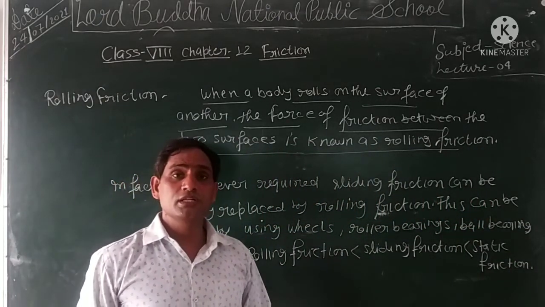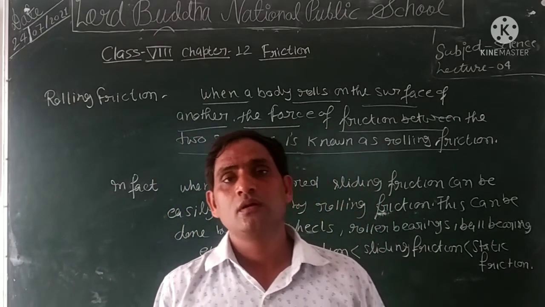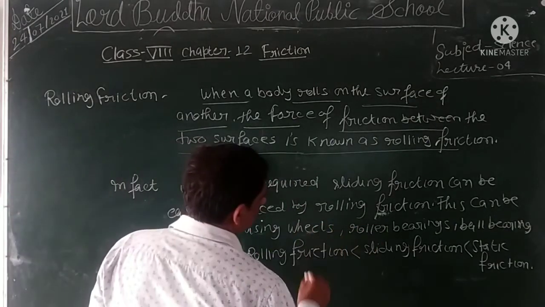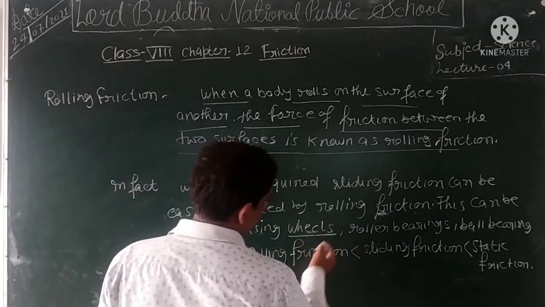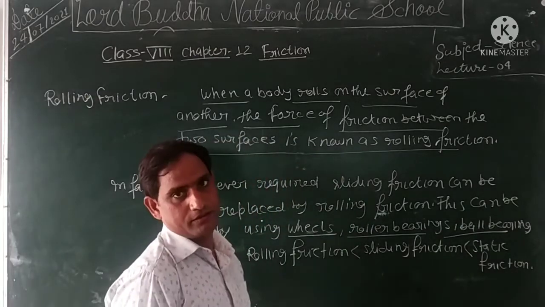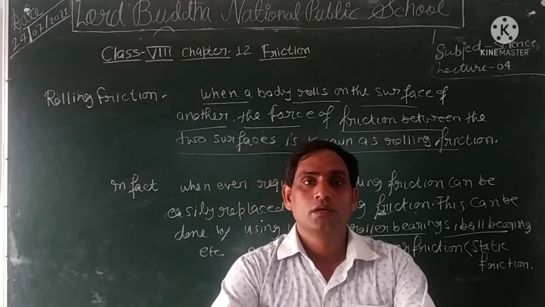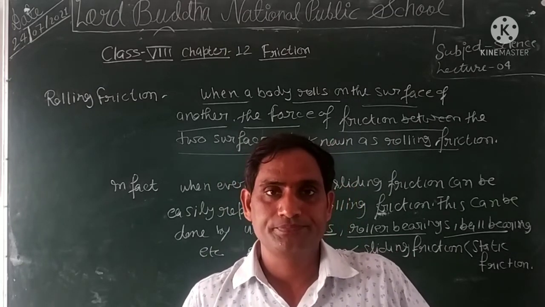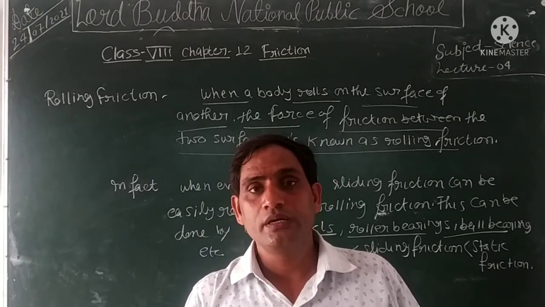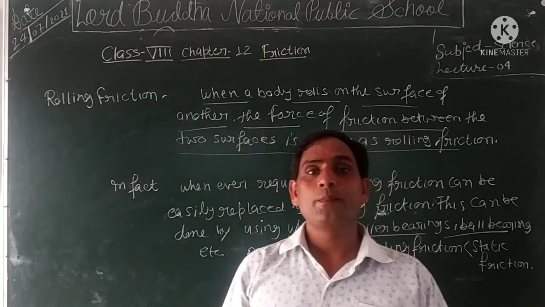The sliding friction can be converted into rolling friction by applying wheels, roller bearings, ball bearings, etc. As you have seen, your suitcase has small wheels. If it did not have wheels, when you drag it, you would apply more and more force.